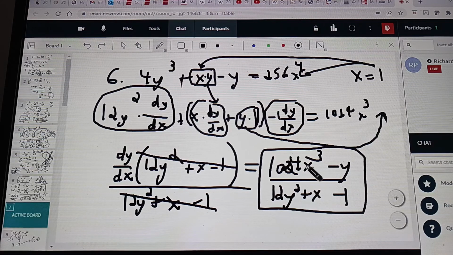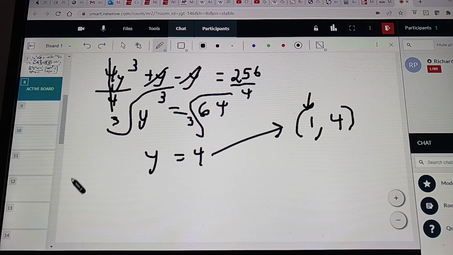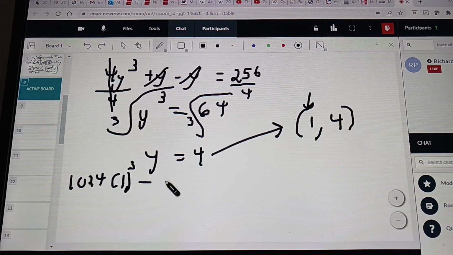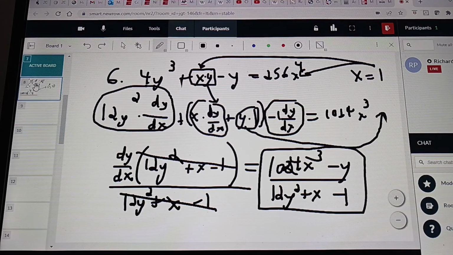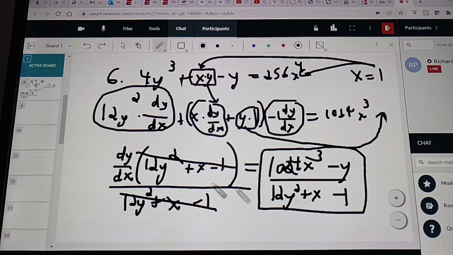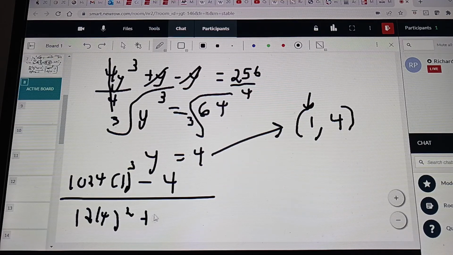But everywhere you have an x, put the 1, and everywhere you have a y, put the 4 that we just found. So 1024x cubed, 1024, and I'm going to plug 1 in for x cubed, minus y, so I can put minus 4 since y is 4, 12y squared, so 12 times 4 squared, plus x, put a 1 in for that, and then there's a minus 1.